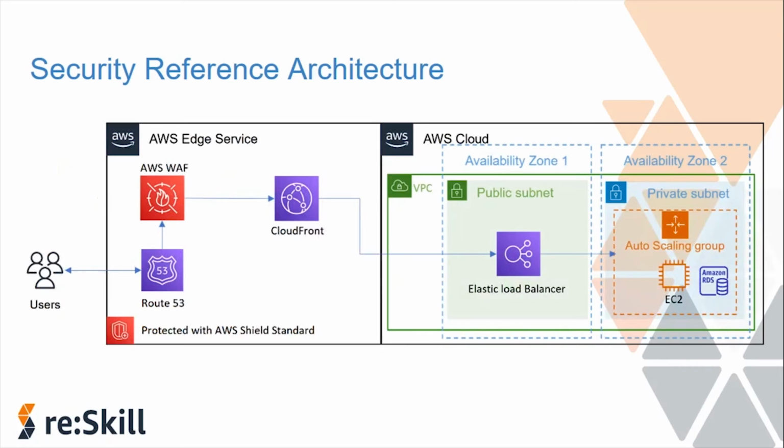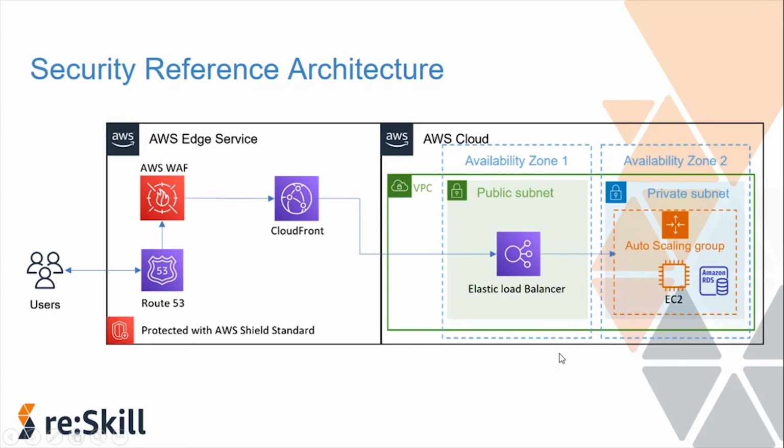Let's have a look at a reference architecture where we have built our backend using EC2 instances as part of an auto-scaling group with a load balancer attached to them. We have used a database, and then security groups to protect both our application servers and the database servers.